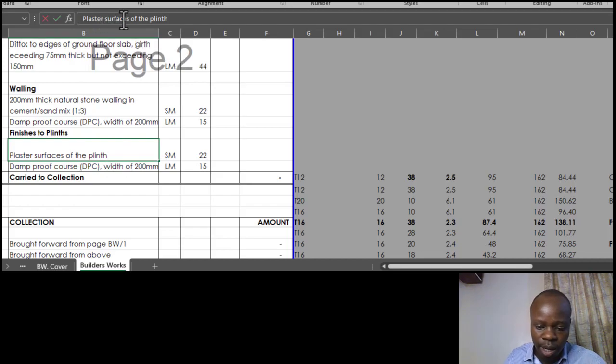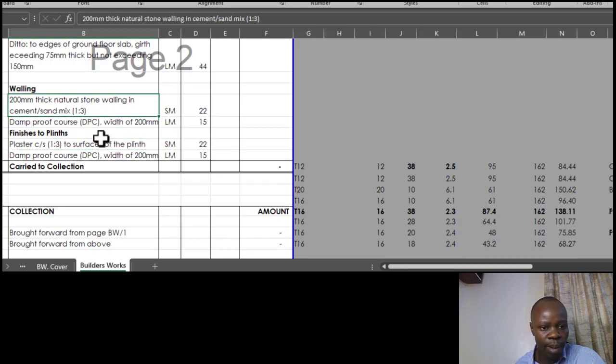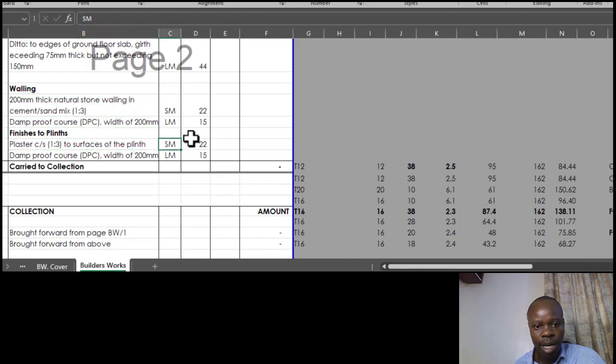Plaster, we can use sand to cement 1 to 3 to surfaces of the plinth. So that is basically plastering of those surfaces. We should have it in square meters.